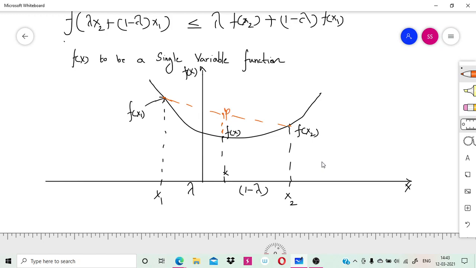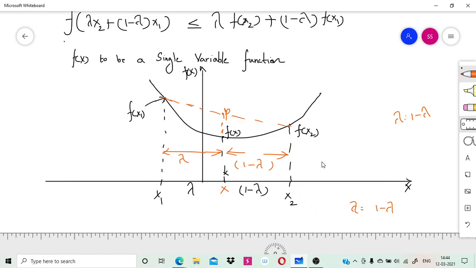If this X divides the segment in the ratio lambda is to 1 minus lambda, then it is also true that the point P on the inclined line segment divides that segment in the same ratio, lambda is to 1 minus lambda.